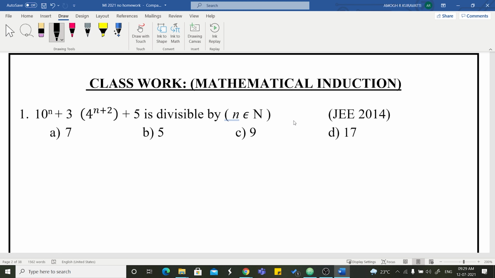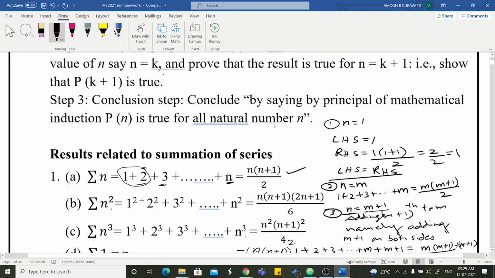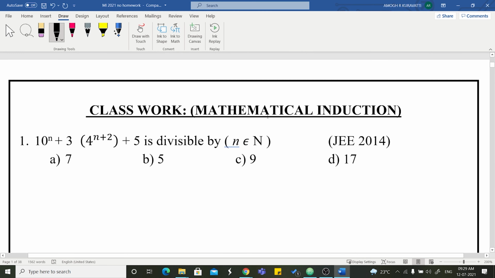So here the question: 10 power n plus 3 into 4 power n plus 2 plus 5 is divisible by which number? 4 options. Option A 7, option B 5, option C 9, option D 17.